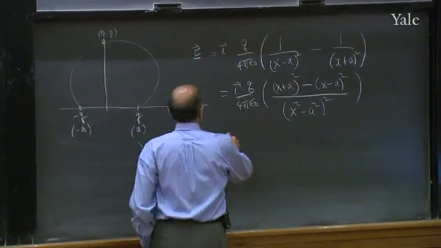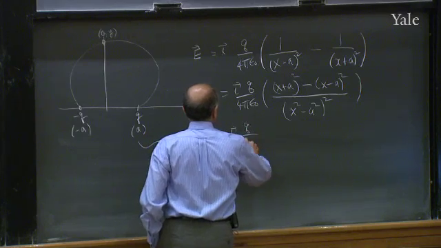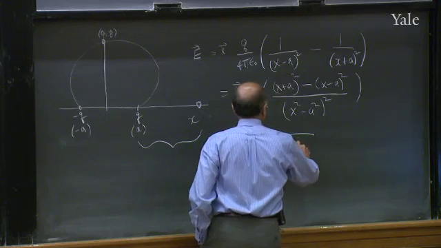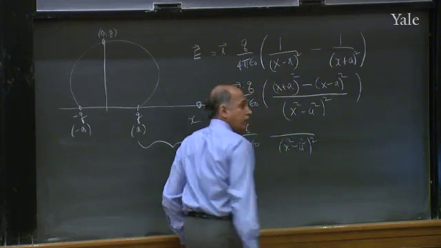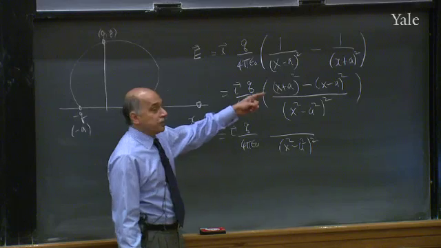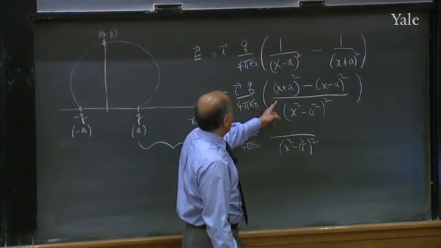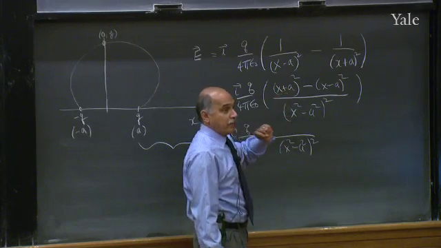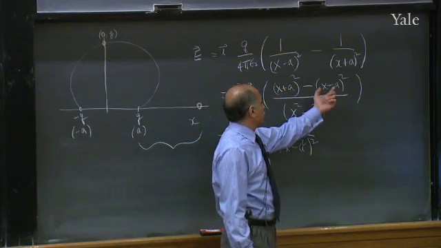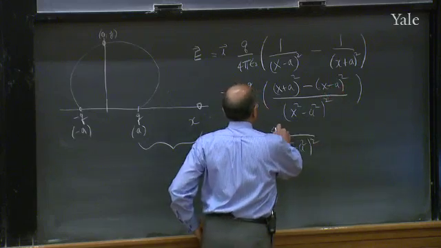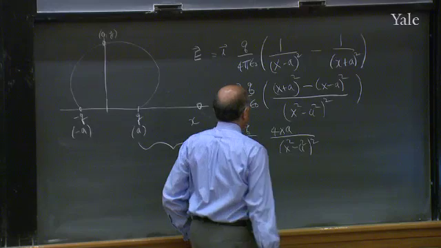So what does that give me? i q over 4 pi epsilon 0 times (x squared minus a squared) squared. And how about on the top? Can you do that in your head? This is going to be x squared plus a squared plus 2xa. You're going to subtract from it x squared plus a squared minus 2xa. The only thing that will survive will be 4xa.